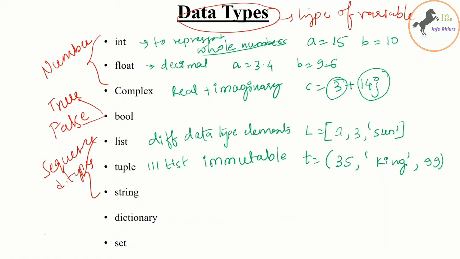Now let's come to the string data type. It is a collection of letters or alphabets.